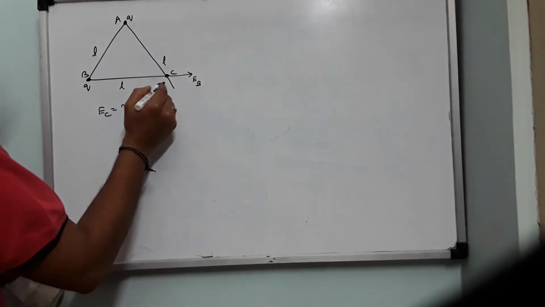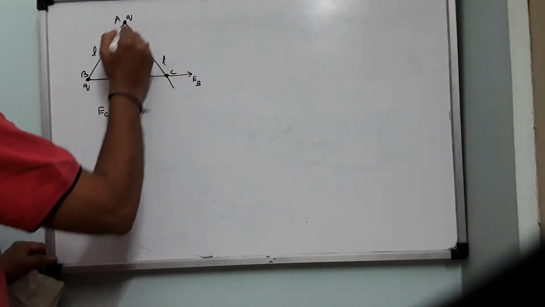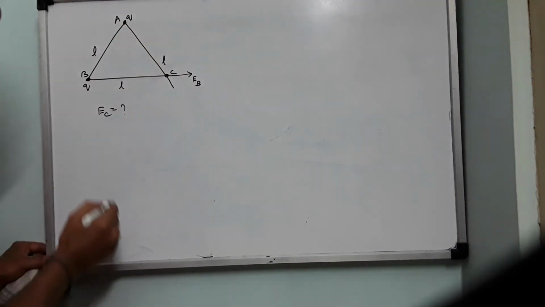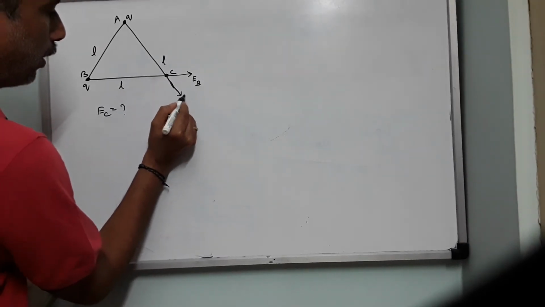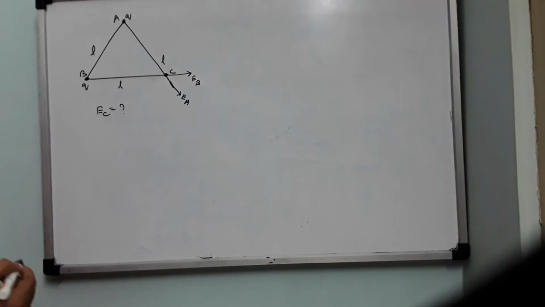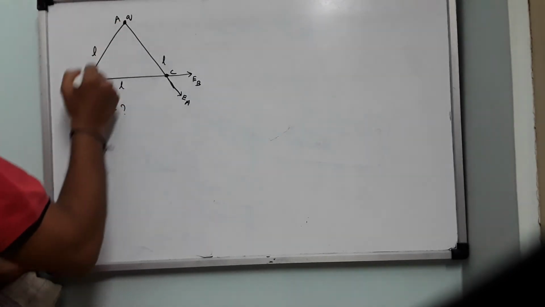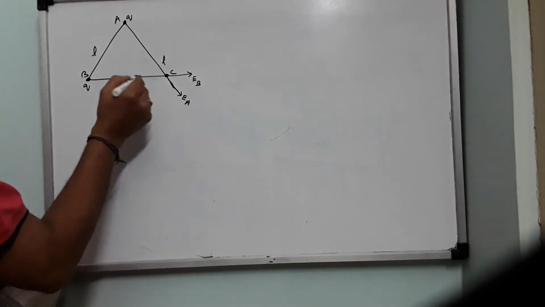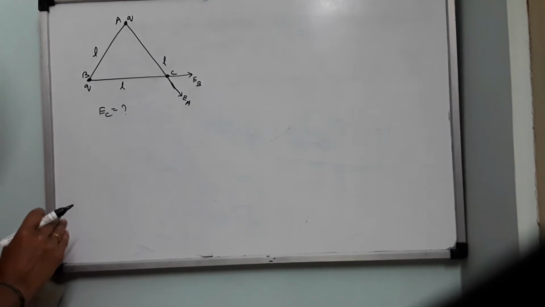This vector should be of equal length as EB, because both charges are equal and C is located at equal distance. So I write this as EA. Only two charges are available and the third corner is vacant. At the vacant corner we are calculating, therefore we have shown two electric fields at point C.